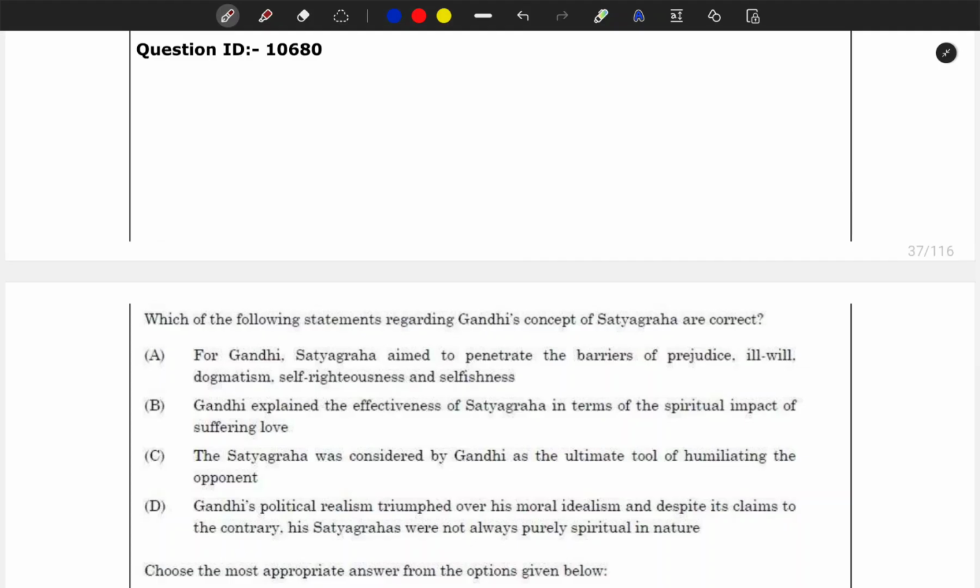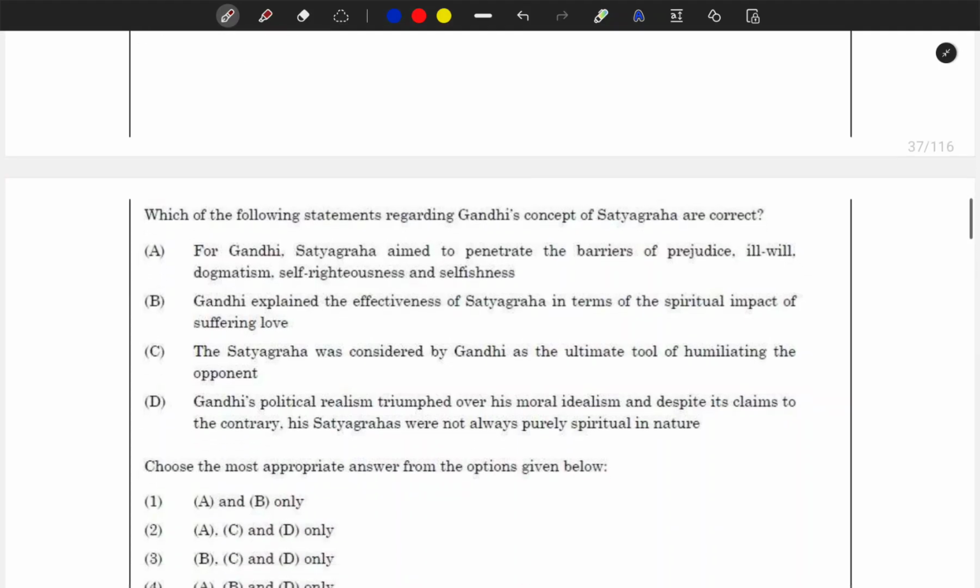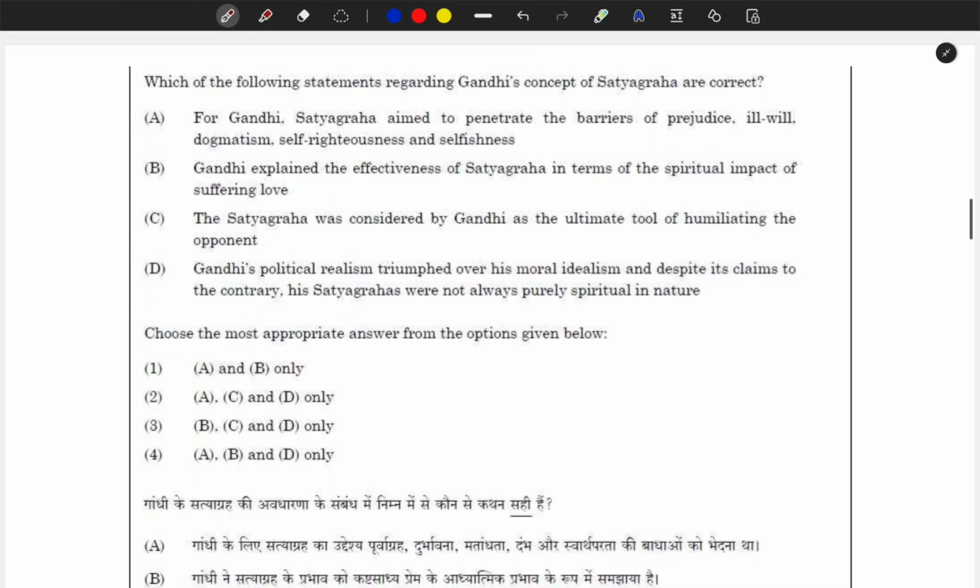Here also, in this question you can see the following statements regarding Gandhi's concept of Satyagraha. So again I'll read the statements. For Gandhi, Satyagraha aimed to penetrate the barriers of prejudice, ill will, dogmatism, self-righteousness and selfishness.